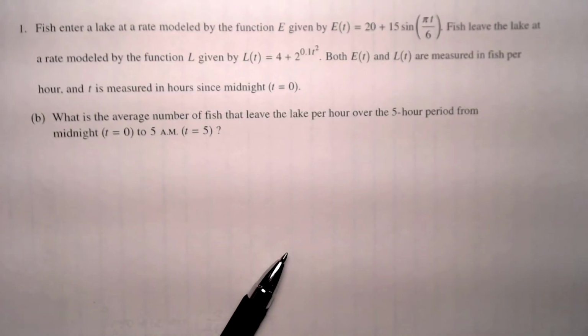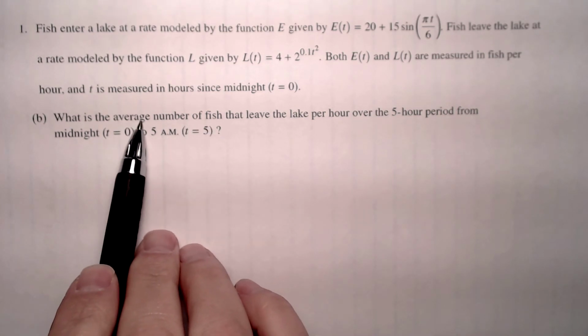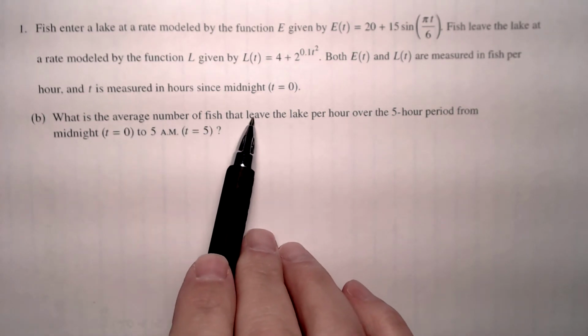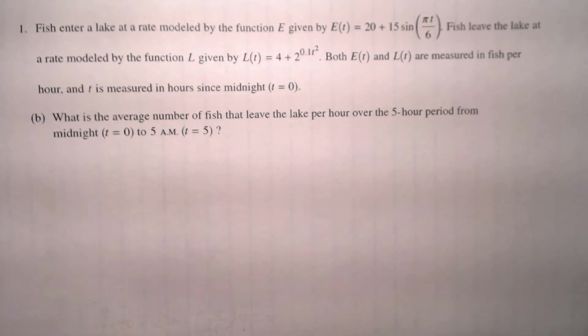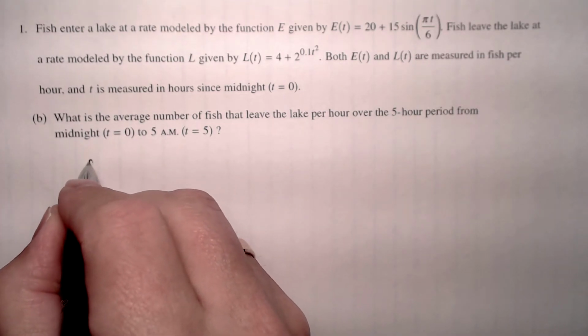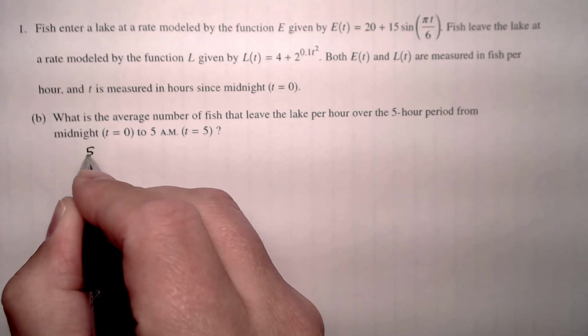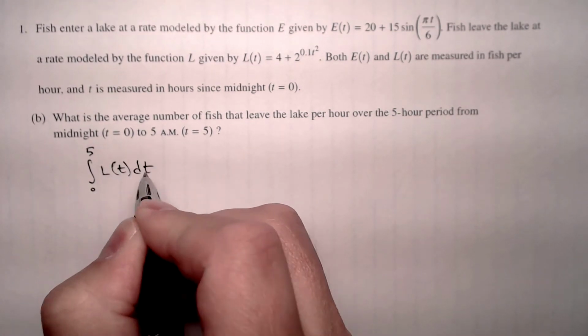In this part of the question we are being asked what is the average number of fish, average, not total, that leave the lake over this 5-hour period from midnight to 5 a.m. Again, the total number of fish that leave the lake is given by the integral from 0 to 5 of L of t dt. That's the total.